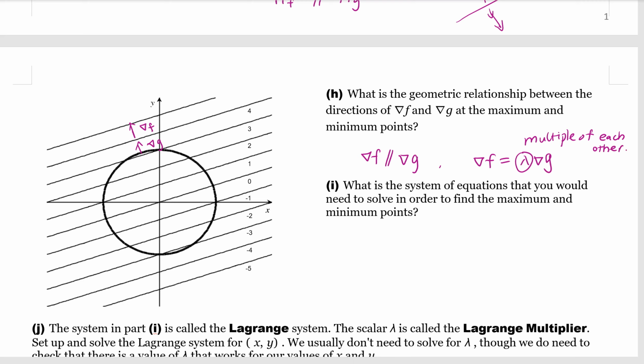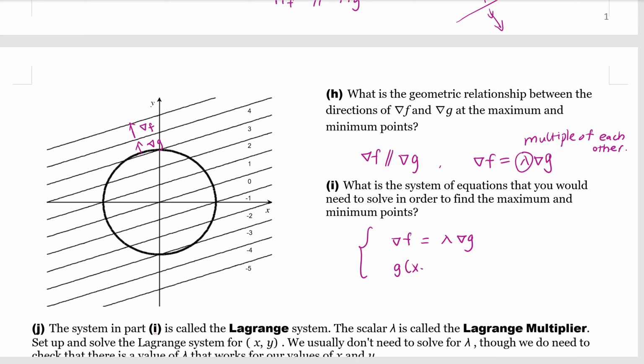Okay. What is the system of equations we would need to solve in order to find the maximum and minimum points? First, at those points, we know that the gradient of f is a multiple of the gradient of g, right? And also, those points are on the constraint.